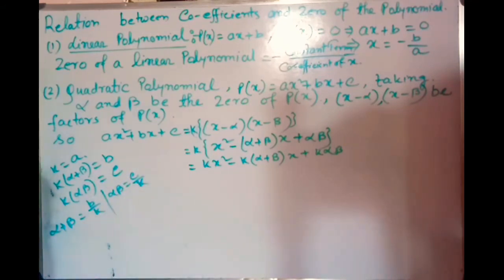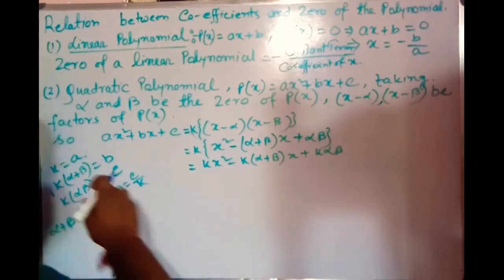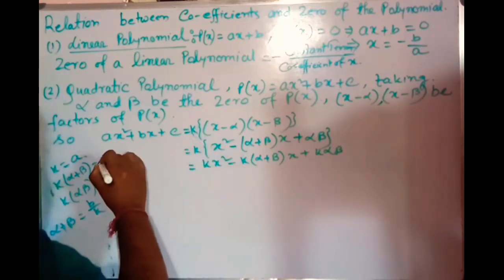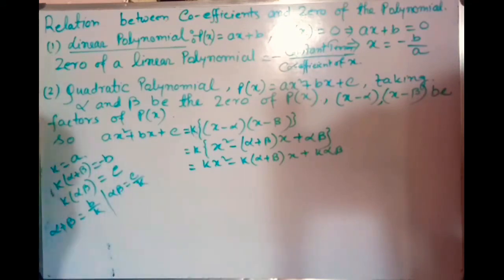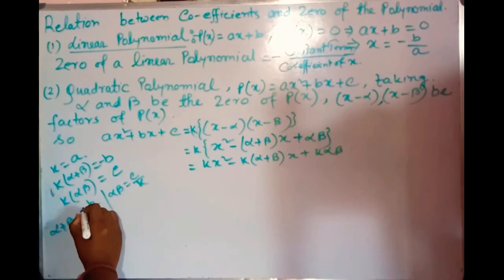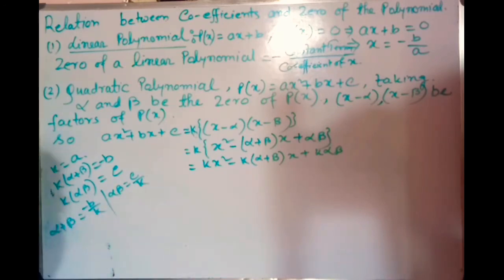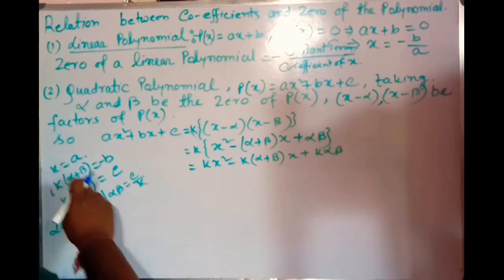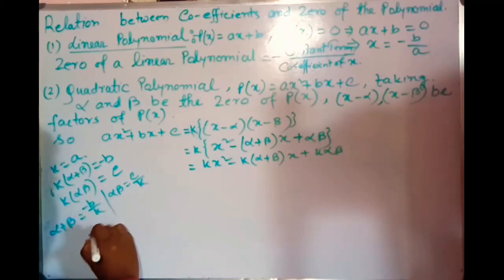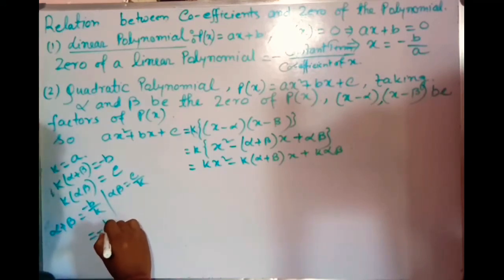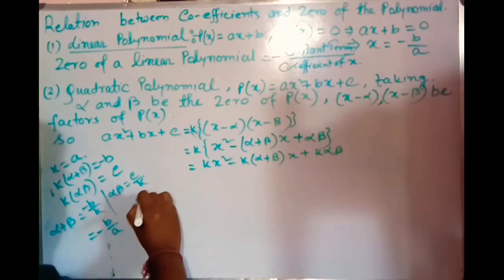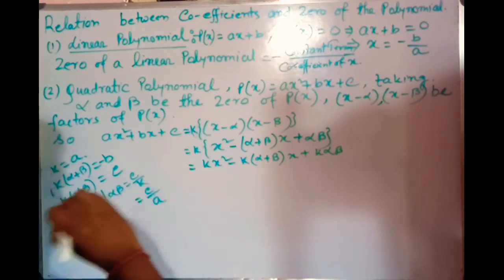Okay, this is minus b. Hope you are able to see it. So alpha plus beta is equal to minus b by k, alpha beta is equal to c by k. Now as we know that the value of k is equal to a, we are getting minus b by a, and alpha beta is equal to c by a.